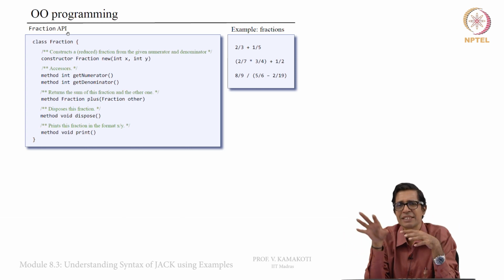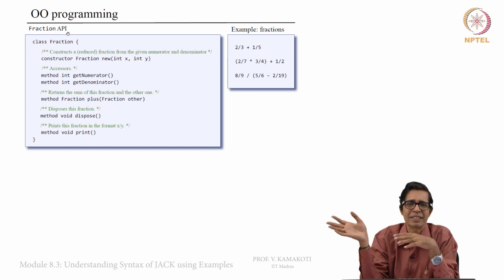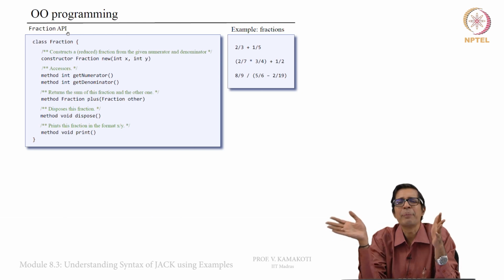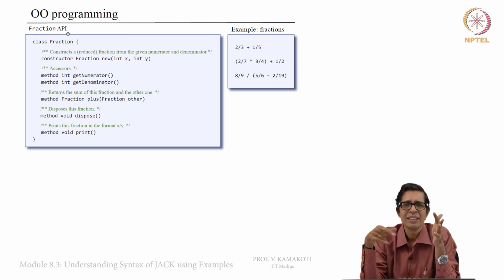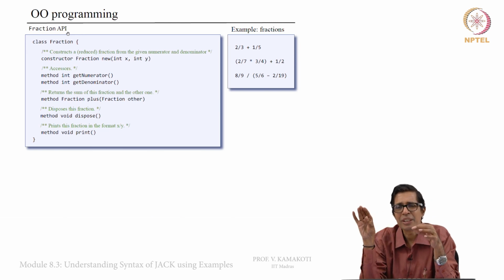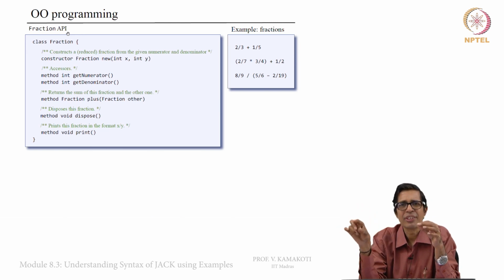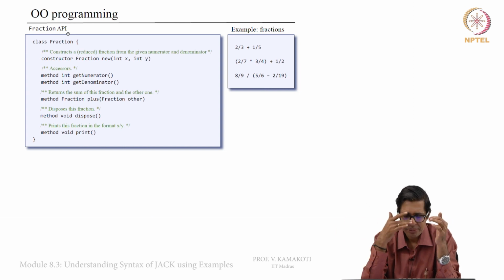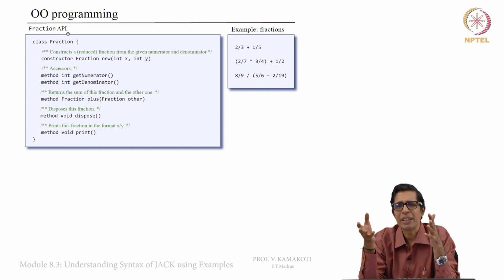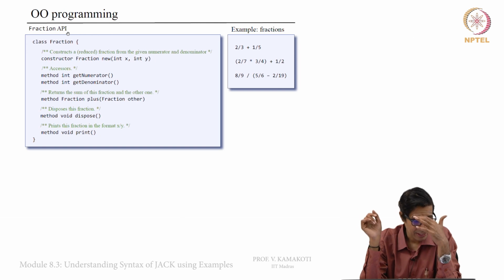If I have 10 fractions, I need 10 different memory locations to store the fraction. One of the prime objectives of the constructor function is to create some memory for this and then store the values inside it, right.